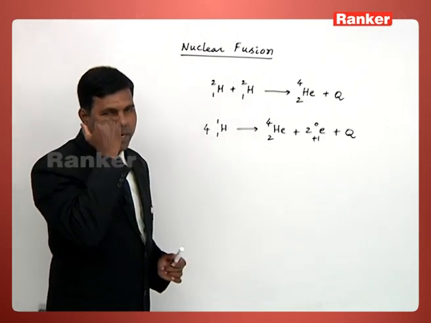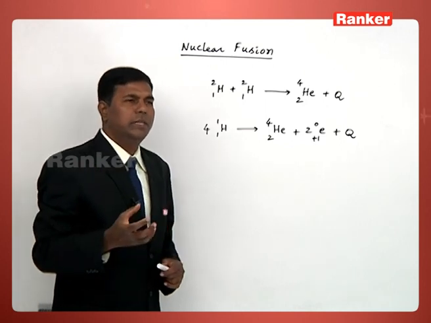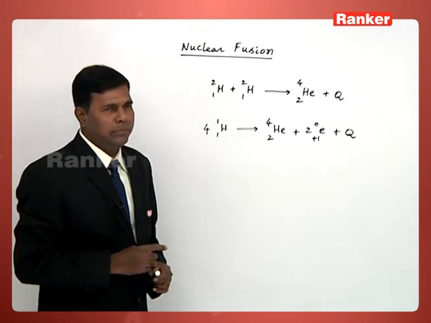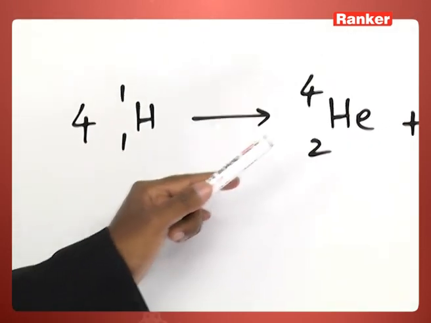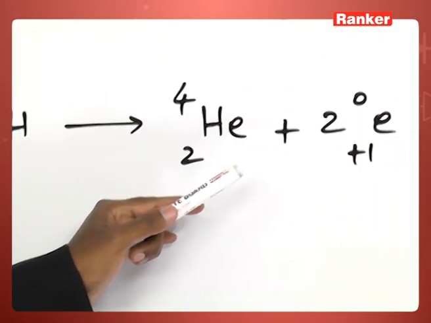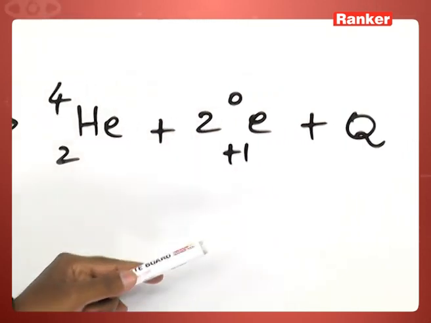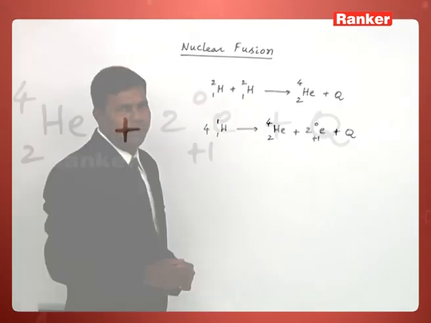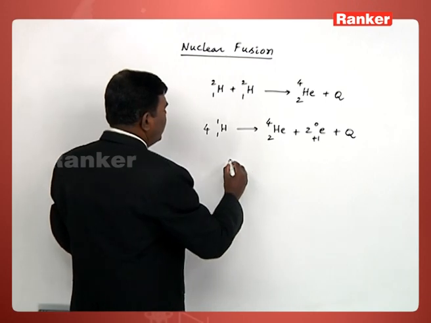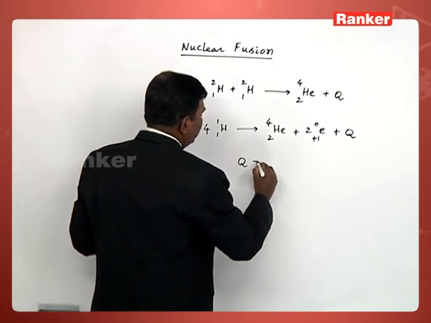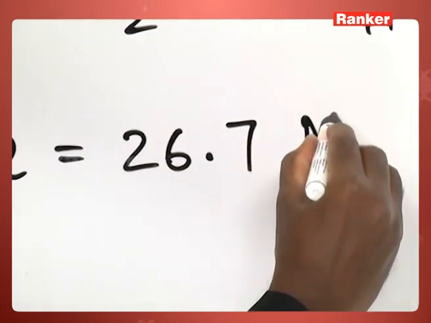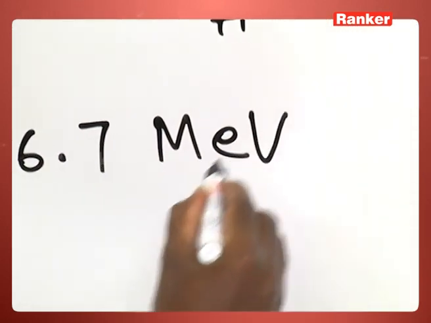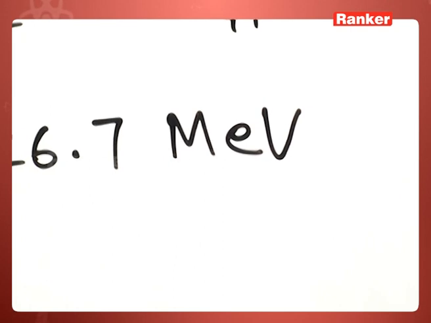It's represented by a hydrogen nucleus because hydrogen consists of only one proton. So such 4 protons are combined together to form a helium nucleus, and in that process 2 positrons are also emitted with a release of energy. This energy Q is equal to 26.7 million electron volts. That's the amount of energy released in a fusion process.